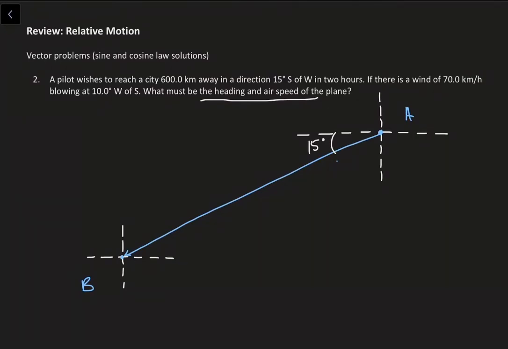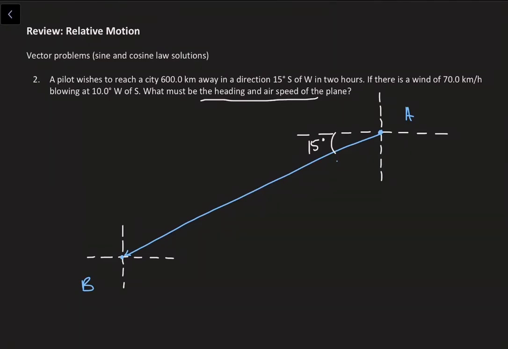So that must mean that the pilot has to correct for the wind speed. So we want to find the direction and the speed that the plane would go if there was no wind. That is the heading and airspeed. So our airspeed vector has to add to the wind to find our resultant in blue here.